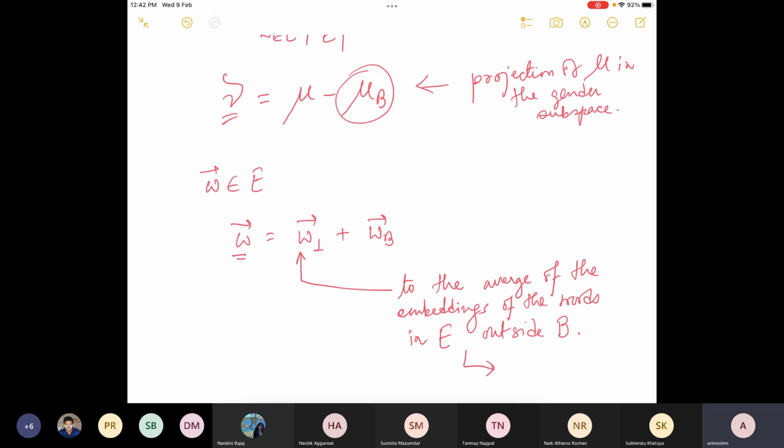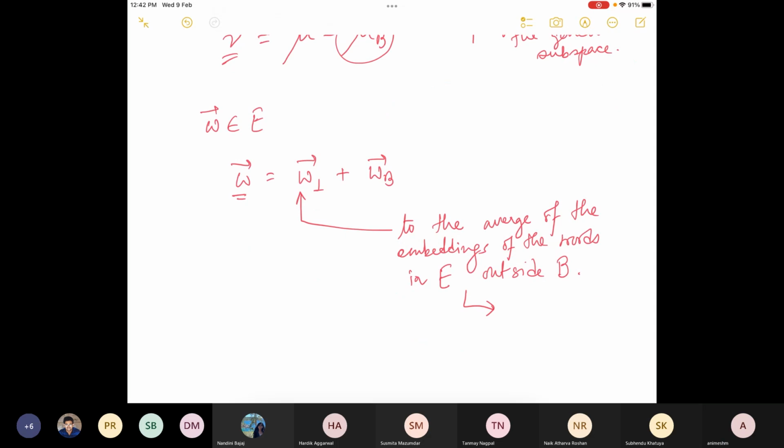What am I referring to? Just now we have defined. I am equating this W normal, for all of the W's in the equality set, to that part of the mean which is outside the gender subspace, or which is free of the gender component.